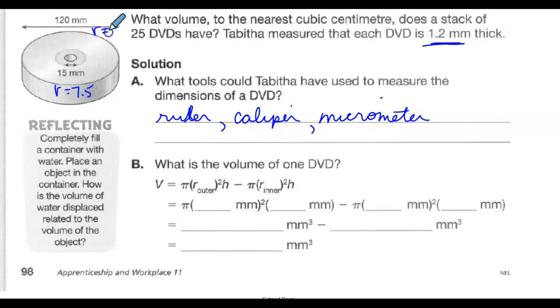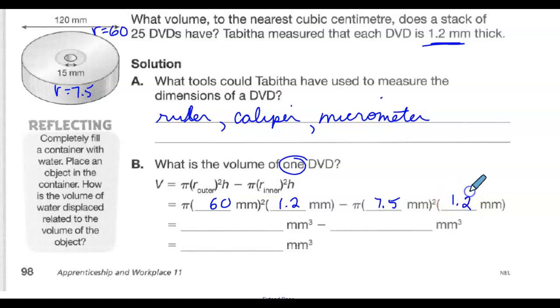The radius here is 60, both in millimeters. So pi times 60 squared times the height, which is 1.2. We're just doing this for one DVD. Then we're subtracting the inside circle, so pi times 7.5 squared times 1.2.